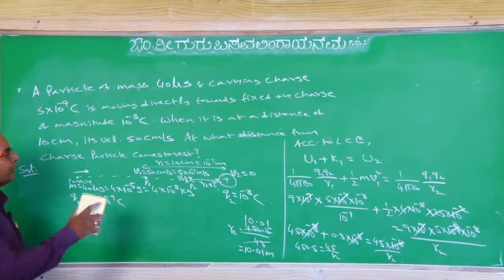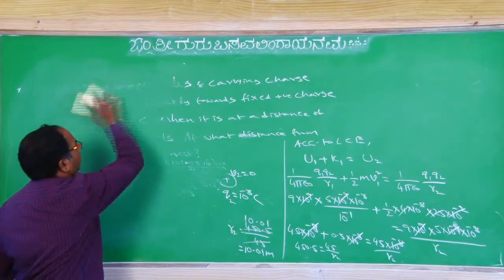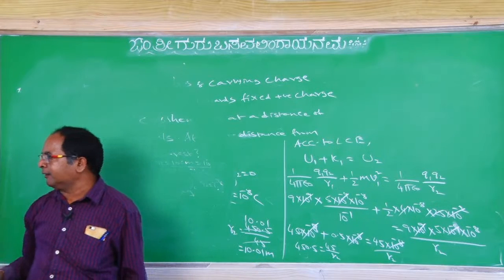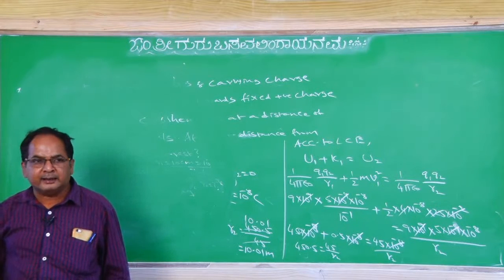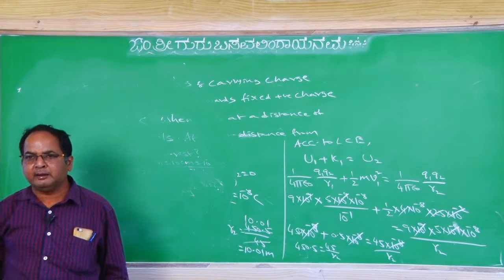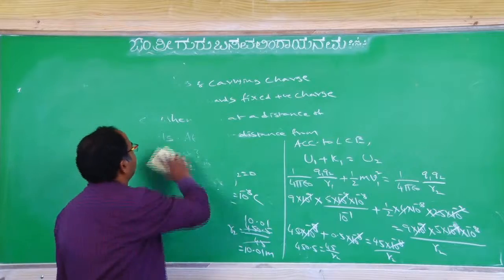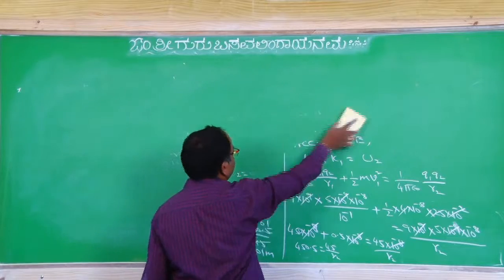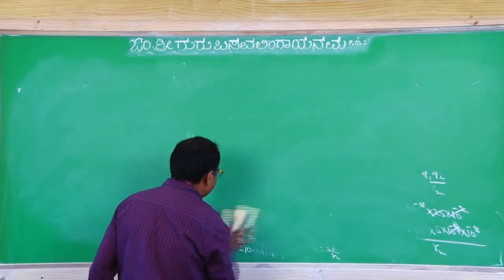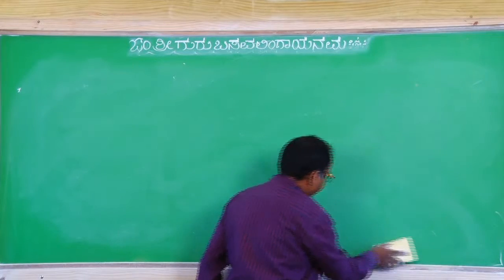Okay. So what you should remember, wherever the positions and velocities are given, then you should apply only one thing: the law of conservation of energy. So the sum of the potential and kinetic energies at the first point should be equal to the sum of the potential and kinetic energies at the second point.